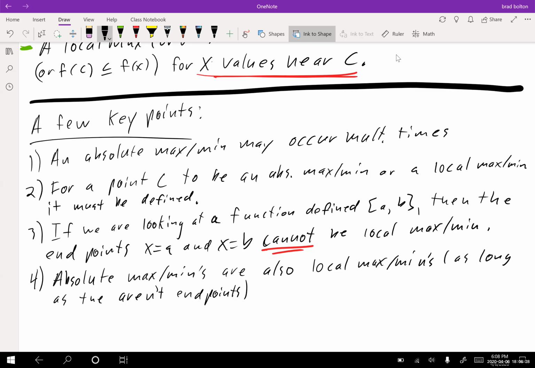So if you find an absolute max or an absolute min, you can also call that absolute max or absolute min a local max or a local min, but it can't be an endpoint because we just discussed above, we're not going to let locals be endpoints, okay?